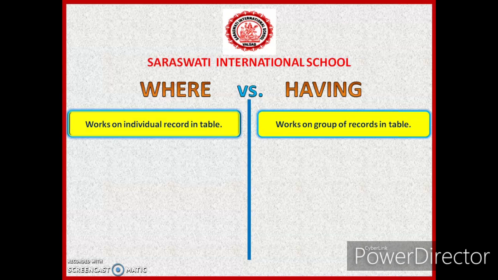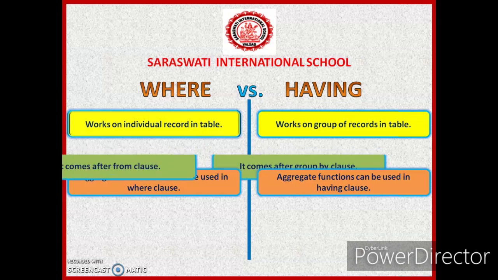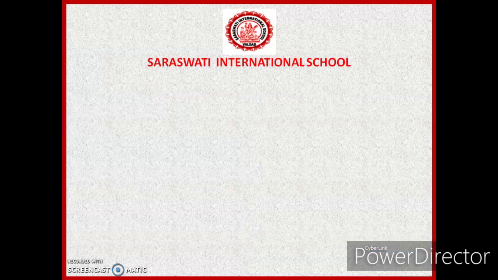It will work on groups of records, the groups which we create using group by clause. The aggregate functions which you have already studied before cannot be used in where clause. But students, those aggregate functions can be used in having clause. We should write where clause after from clause and having clause after group by clause.